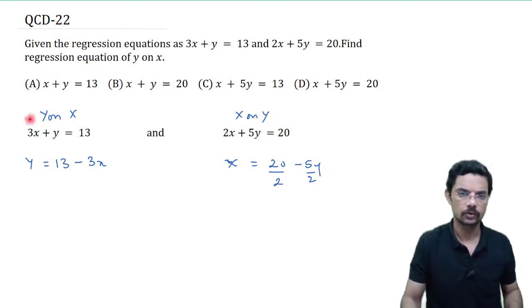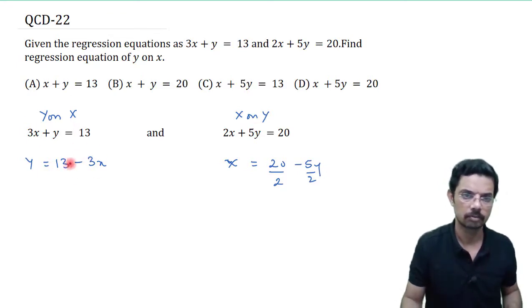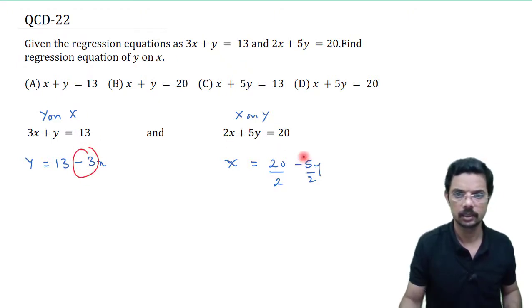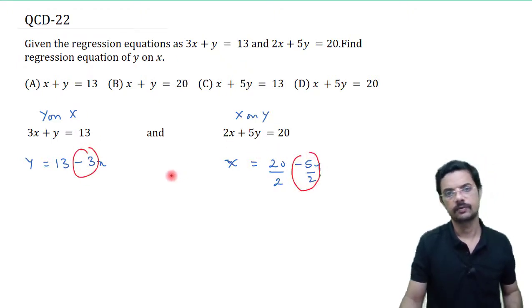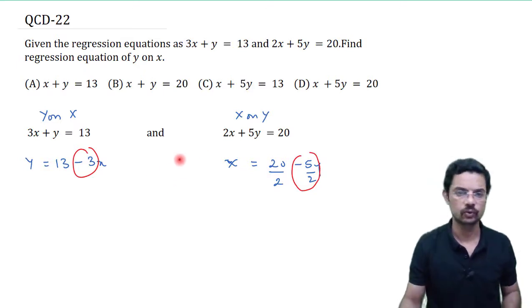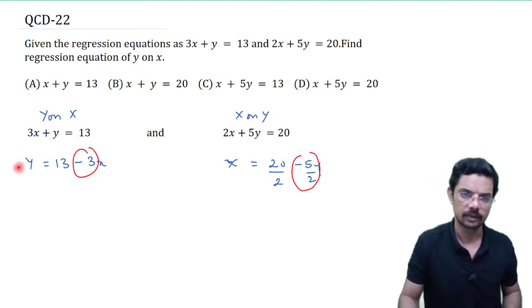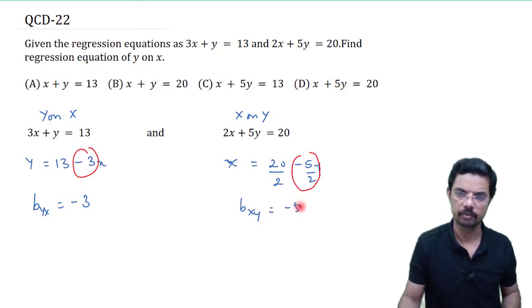So here minus 3 and here minus 5 by 2. These are the two values. So b of yx is equal to minus 3 and b of xy is equal to minus 5 by 2.